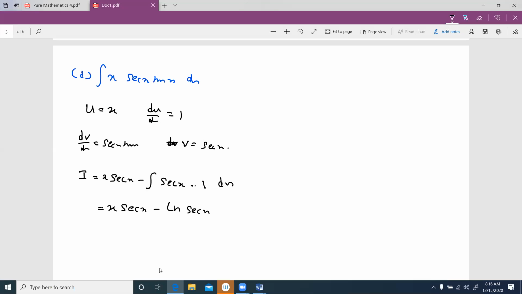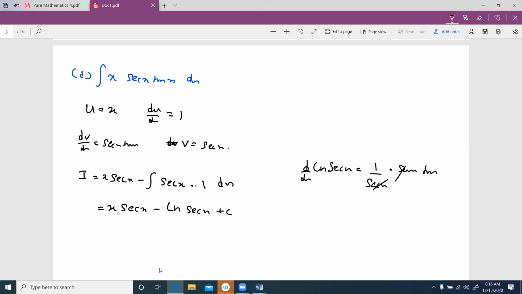This is ln sec x plus c. Because if you differentiate ln sec x, you get 1 over sec x, and the differentiation of sec x is sec x tan x. Sec x cancels and it turns up to just tan x. That's how it comes back. Okay. Then that is a way of doing that kind of question.